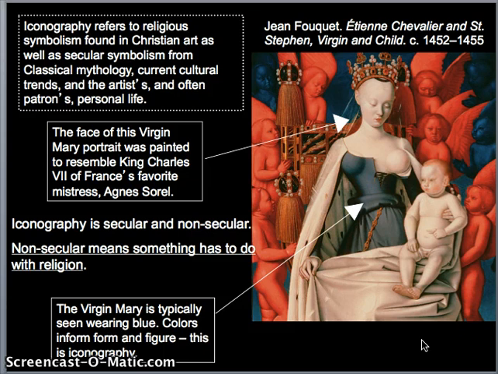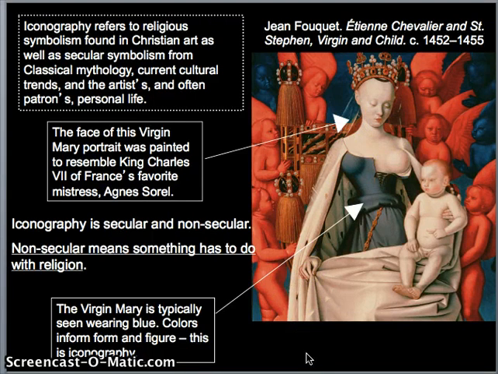That gives us clues as to the story of what was going on in that particular time and place. This is Jean Fouquet's Etienne Chevalier and Saint Stephen, Virgin and Child, from a triptych commissioned by King Charles VII of France. But he's snuck in the face of the king's favorite mistress as the face of the Virgin Mary.